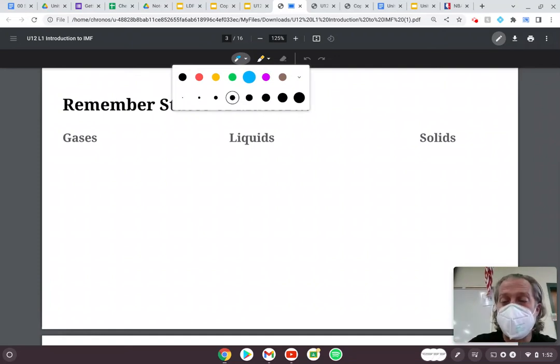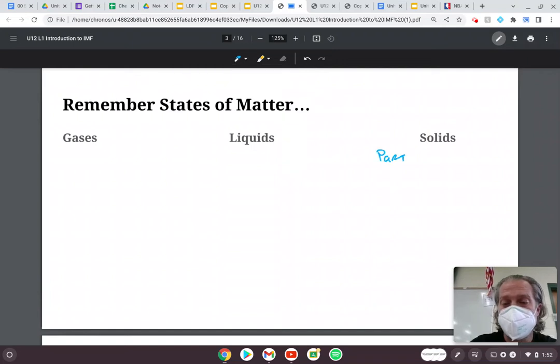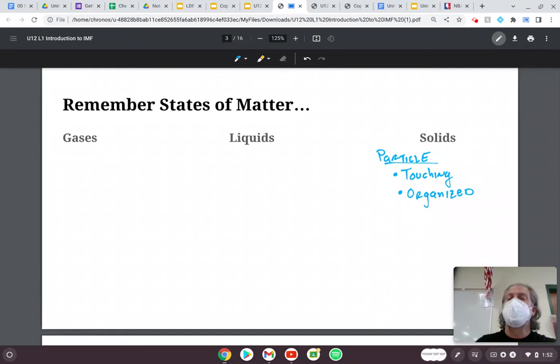So for solids, the particles of a solid are touching, and they are organized. That's one of the qualifiers of a solid.